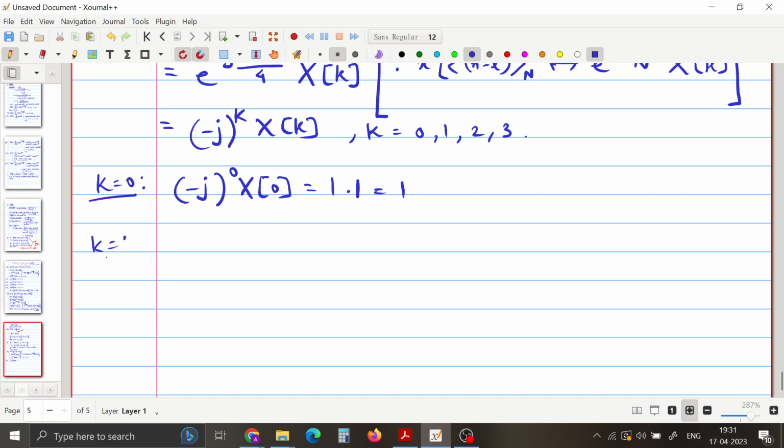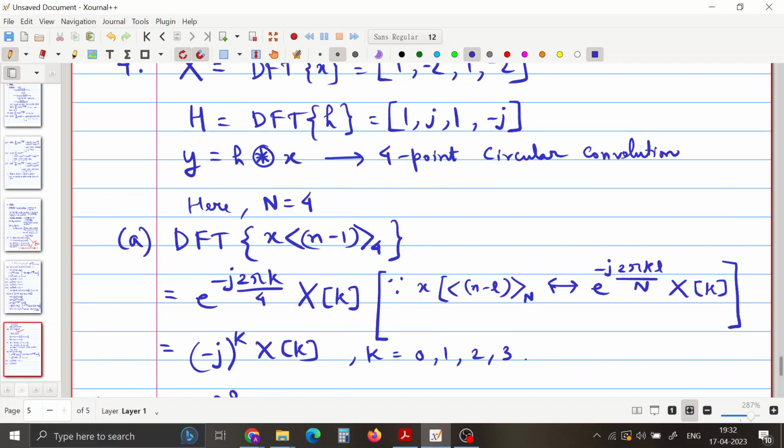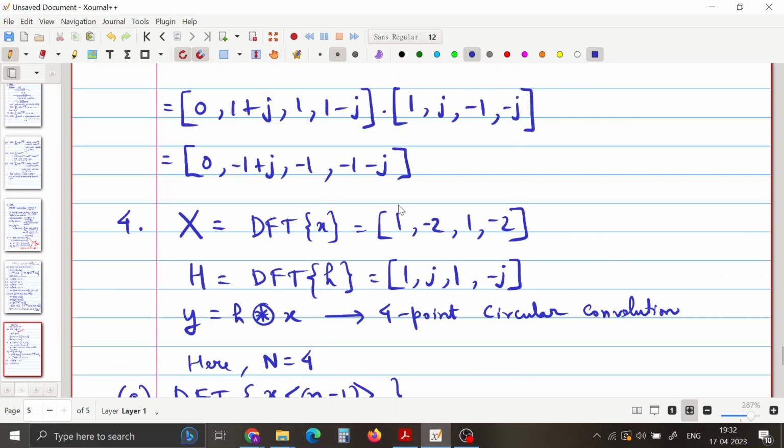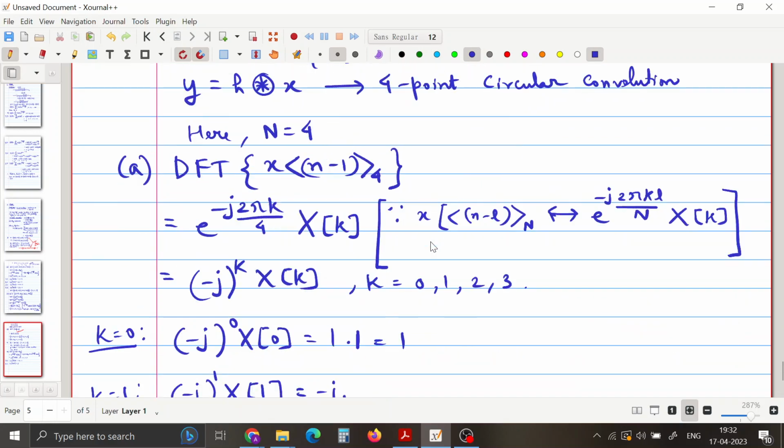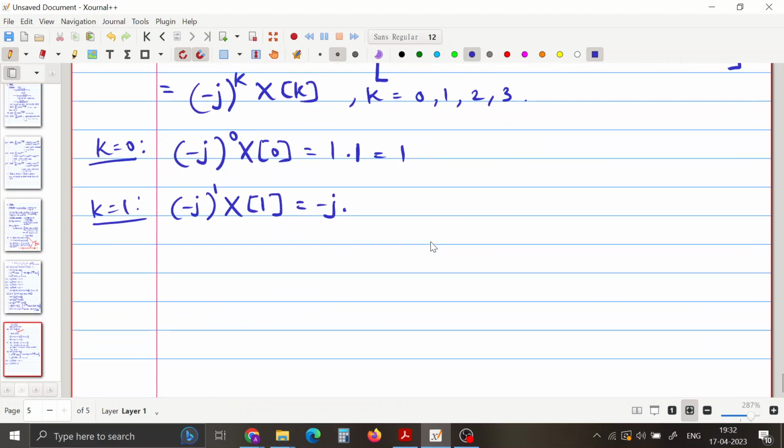Now check for k equals 1. We will have minus j to the power 1 times capital X of 1. What is capital X of 1? The second element is minus 2. So this becomes 2j.